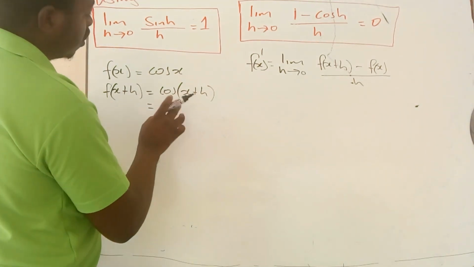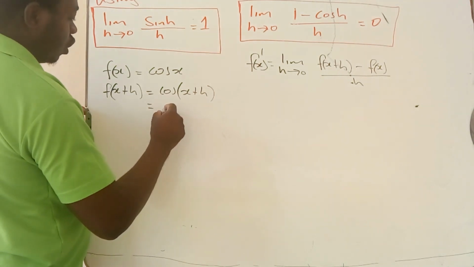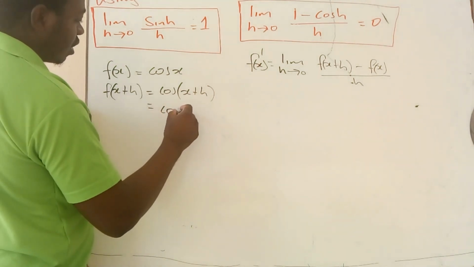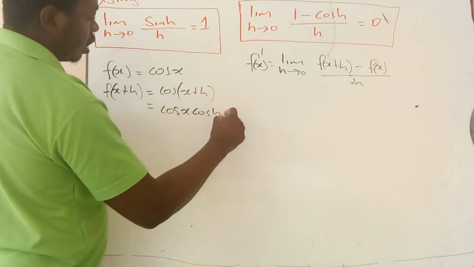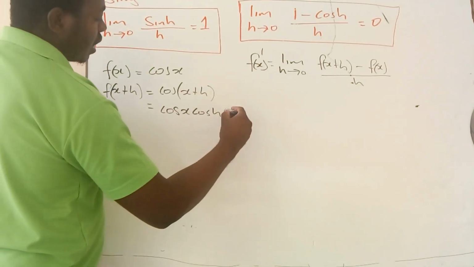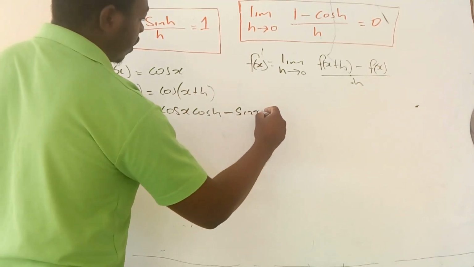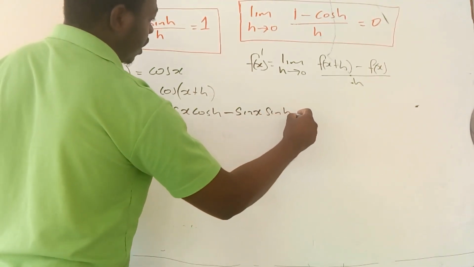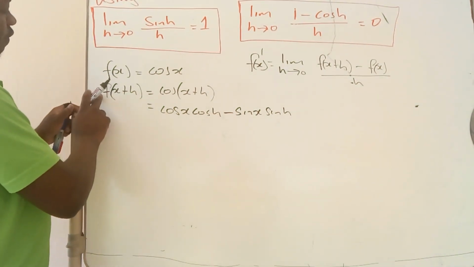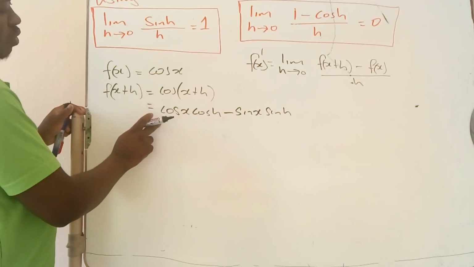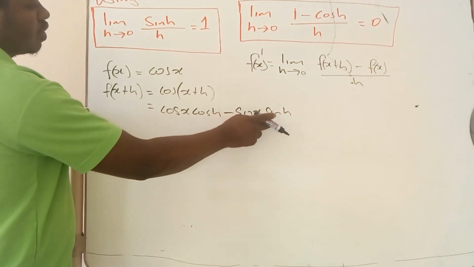When we expand this using the identity for cos of a sum, this is cos x cos h, because this is plus, it's going to take a minus here, and this is going to be sine x sine h. Therefore, f of x plus h is equal to cos x times cos h minus sin x times sin h.